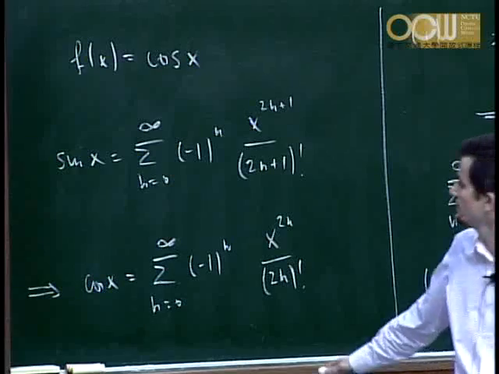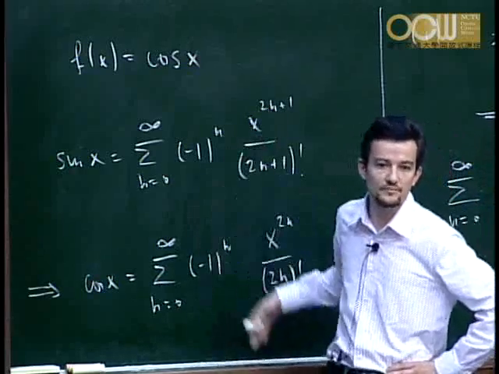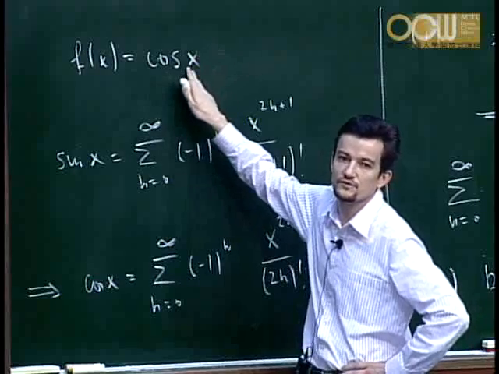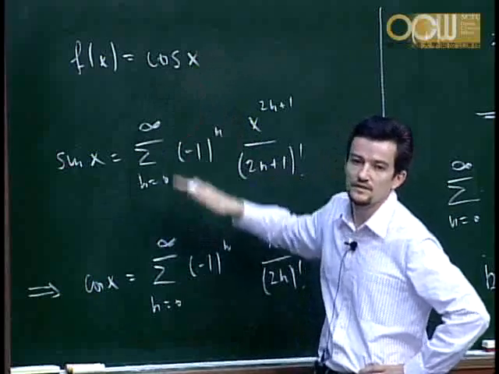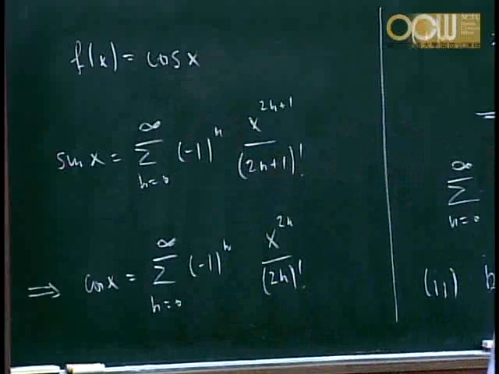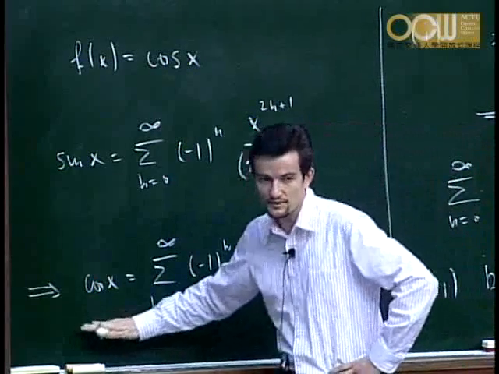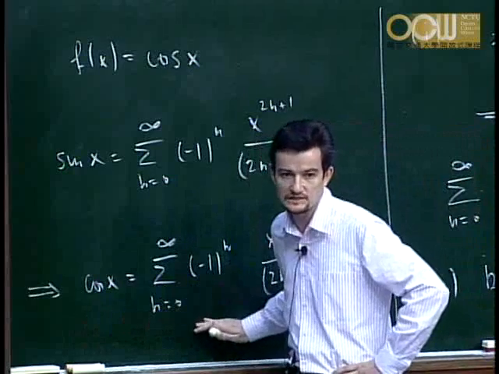So if you use our 3-step program, where you first find the Maclaurin series, then discuss the radius of convergence and prove that the Maclaurin series is identical to the function, you will get the same result, because once more, power series representation is unique.